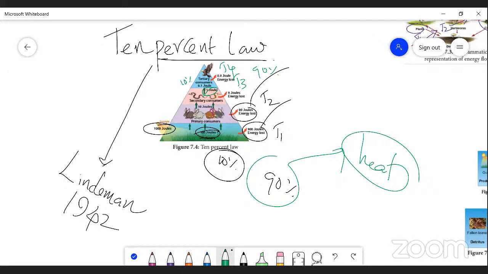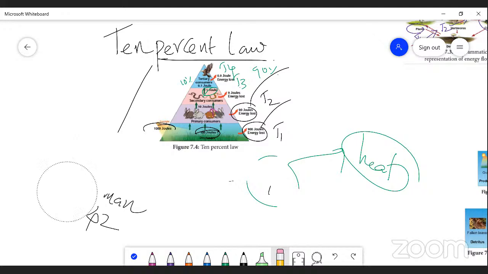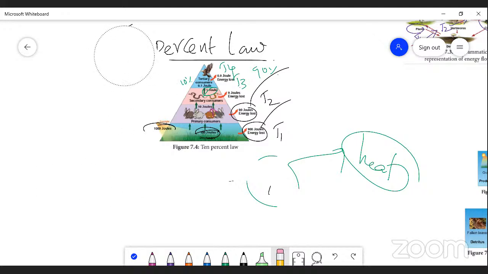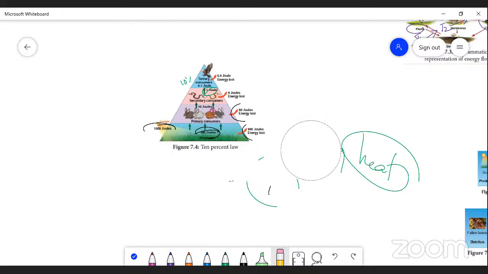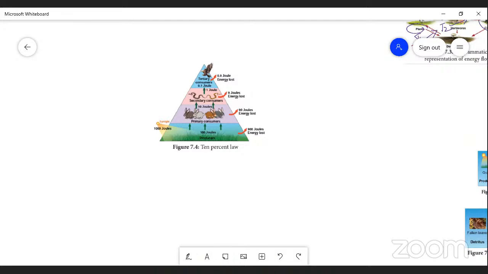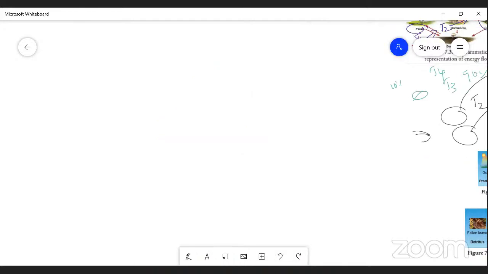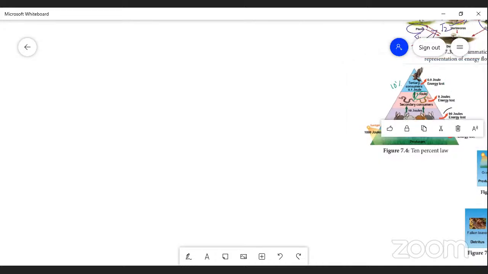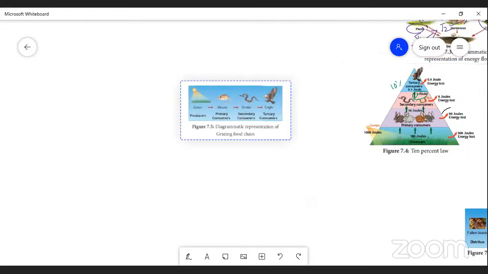The next we pass on to food chain and types of food chain.